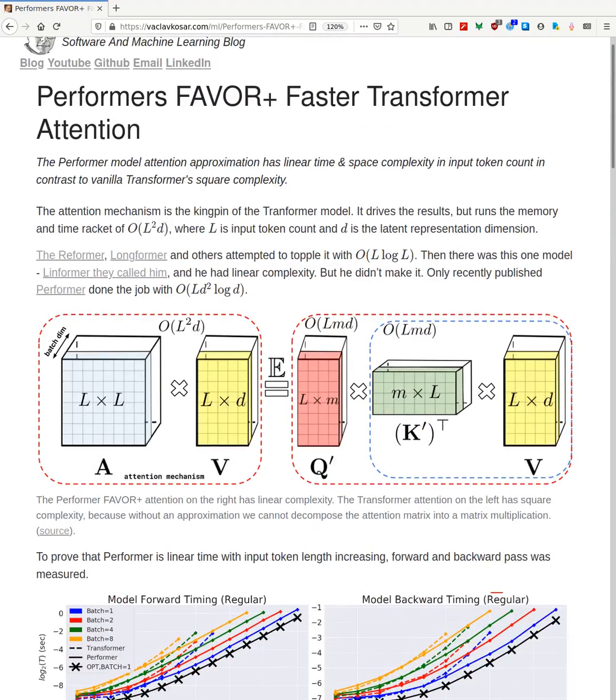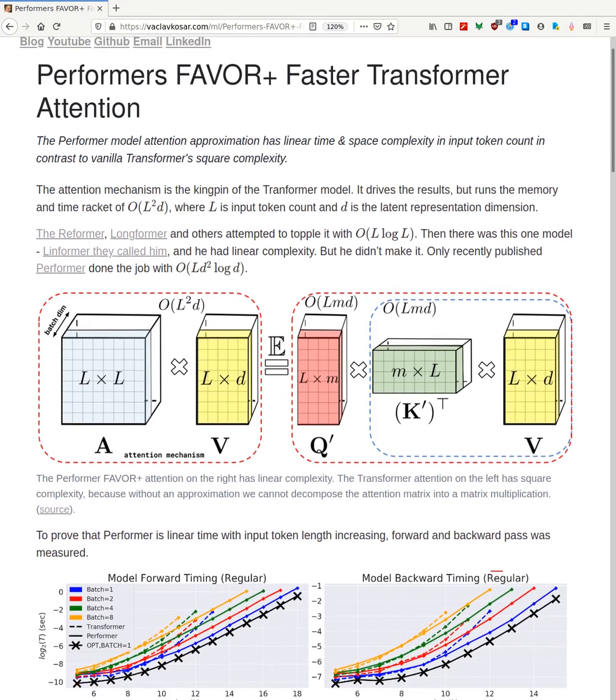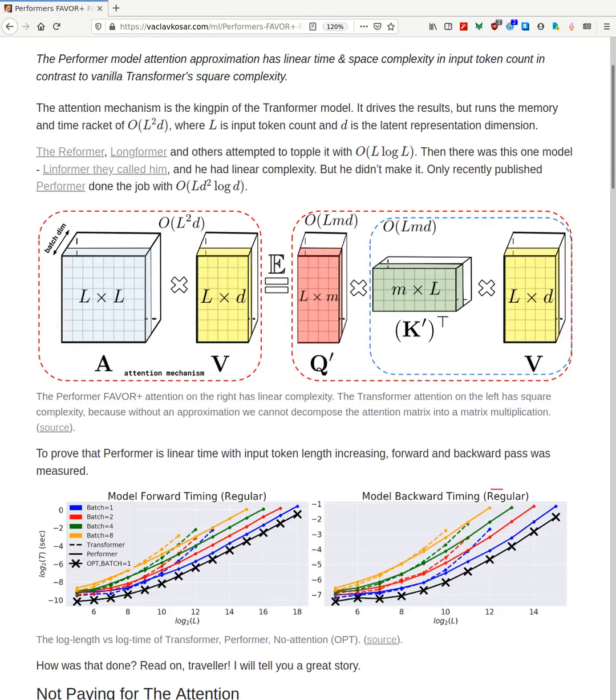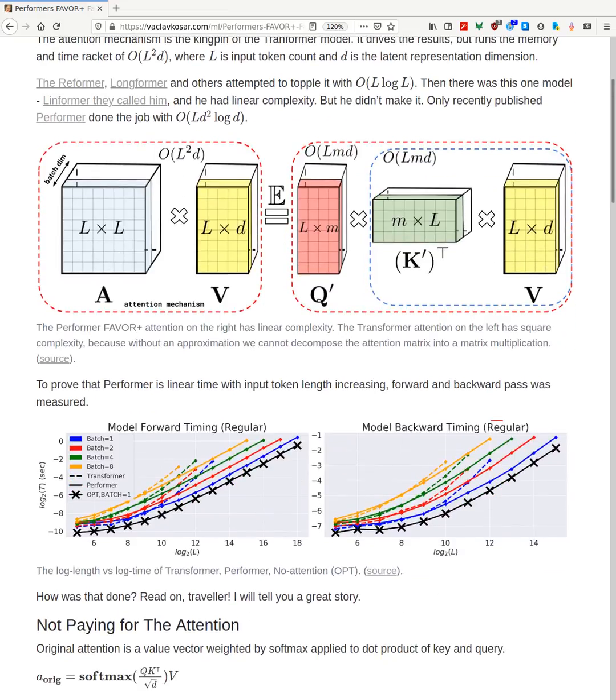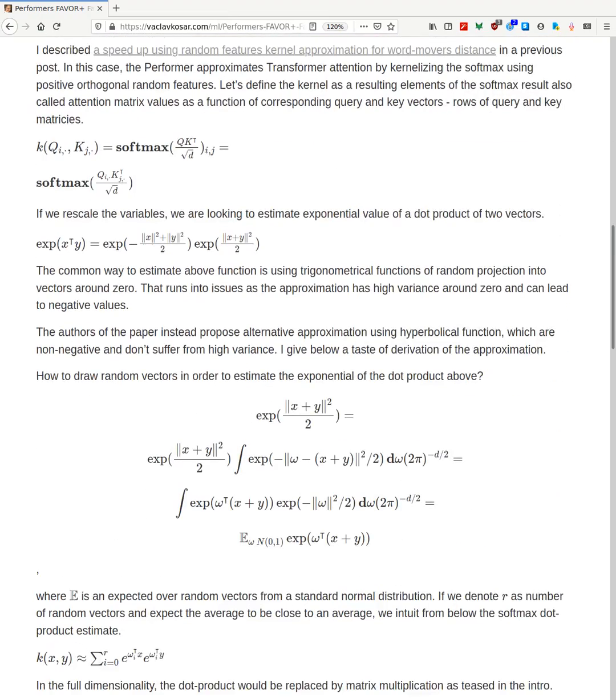So we will decompose A into Q prime and K prime, where Q prime and K prime are a result of a nonlinear transformation. And we will reduce the complexity by firstly multiplying value with this K, where the M here is small. Those are the random vectors. These M or R, in the paper they often use M, are drawn independently for the same value.